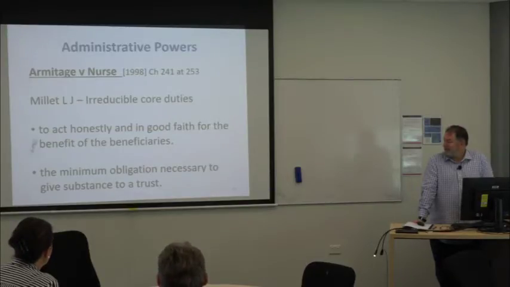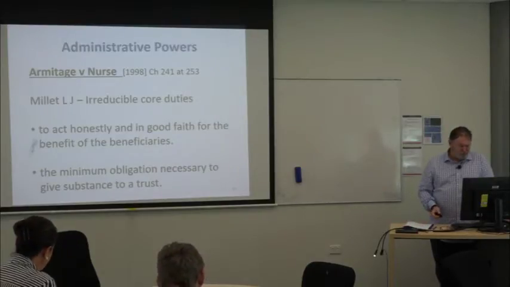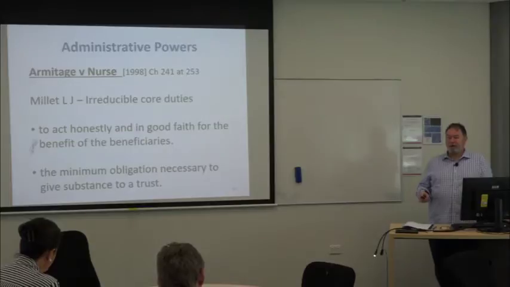So understanding the minimum obligations necessary to give substance to a trust is what it's all about. And your trust deeds, hopefully, have a boilerplate template that includes all of these basic provisions.